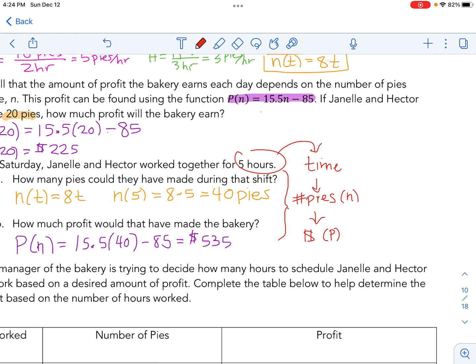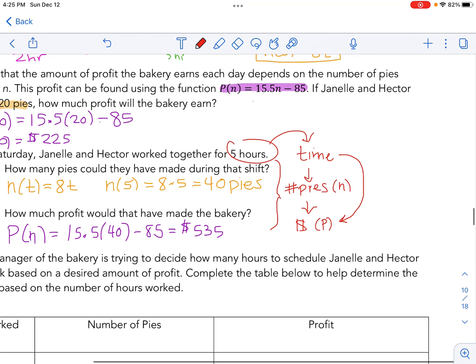And really what we could do is, if we knew how long they worked, we could make a composition of functions that gets us right from time to profit. And so the way we do that is we take this function and put it right into our profit function.